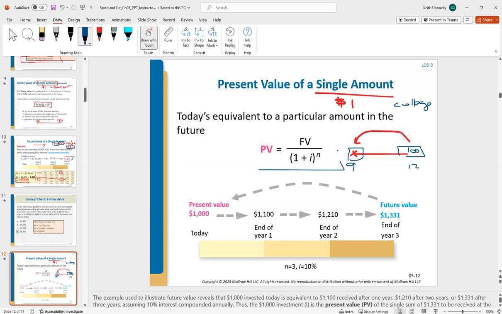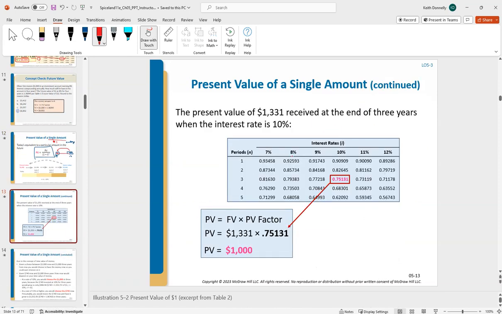So again, you can do it through a formula, right? That's fine. Or we have the tables, right? And the idea here with the tables is, here it'll be 3 periods, 10%, right? So it's like we play Battleship kind of, and that's where we get our answer, right?